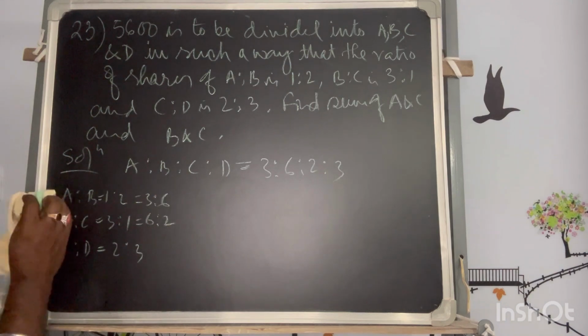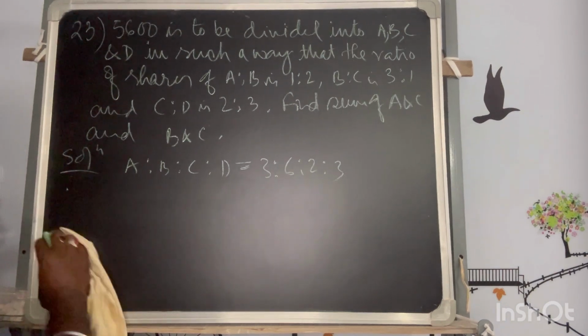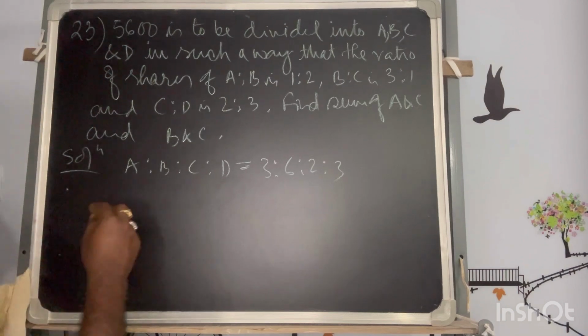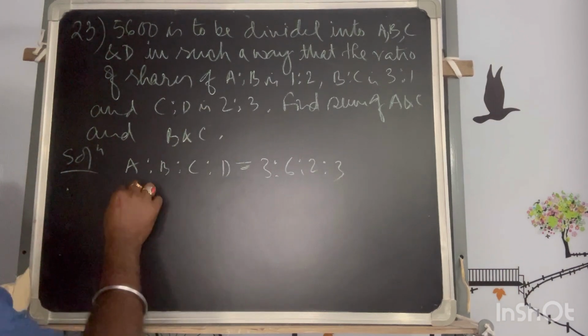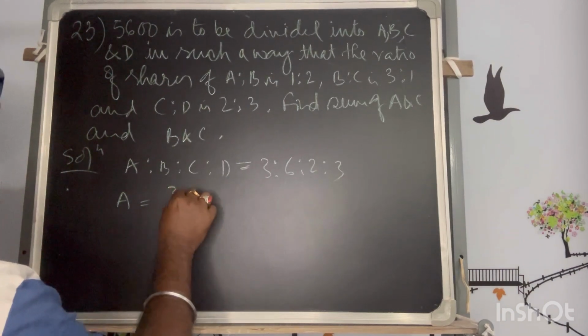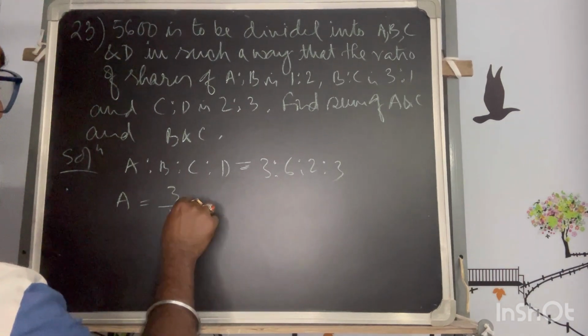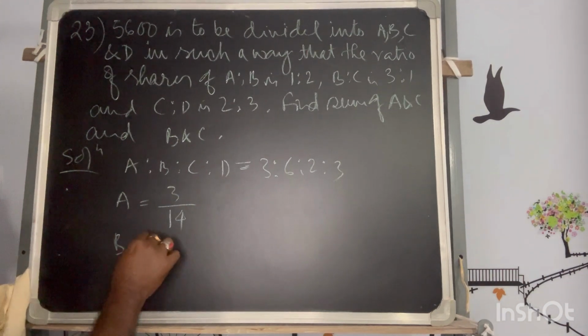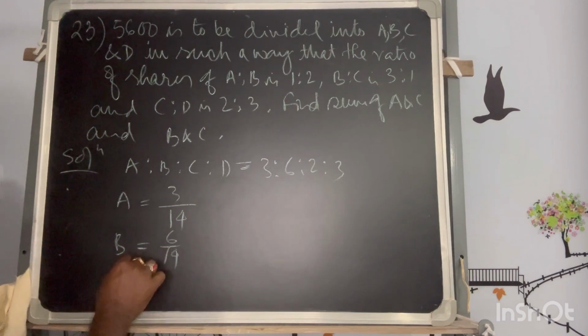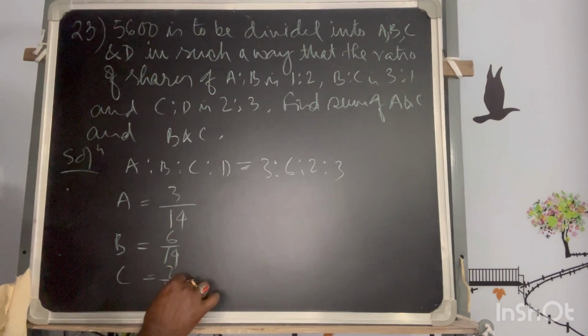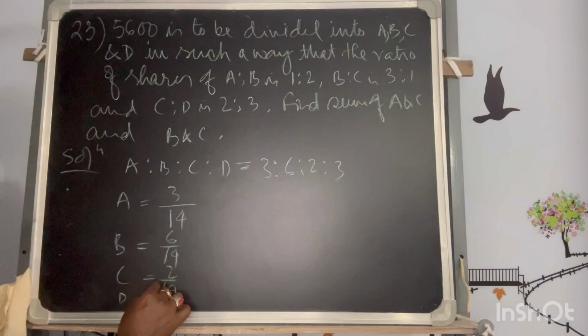Now if this can be done in one shot, I can save some time. And what is the part of A? It is 3 upon the sum of this: 3 plus 6 plus 2 plus 3, that is 14. So this is the part of A. B part is 6/14, C part is 2/14, and D part is 3/14.